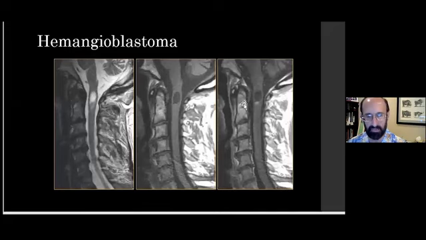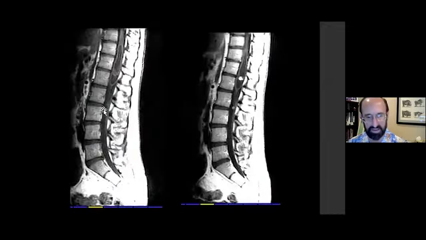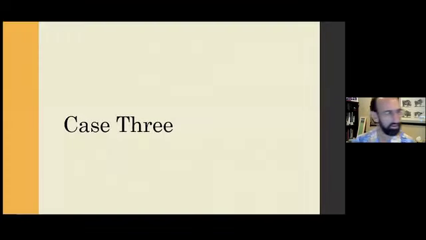Here's a nice example of T2, pre-GAD T1, and post-GAD T1 with the cyst and nodule of a hemangioblastoma from von Hippel-Lindau disease. And here's another example of one with multiple, in this case, cyst and enhancing nodule, as well as enhancing nodules on the nerve roots. So von Hippel-Lindau disease. Let's move on from here and go to case 3.